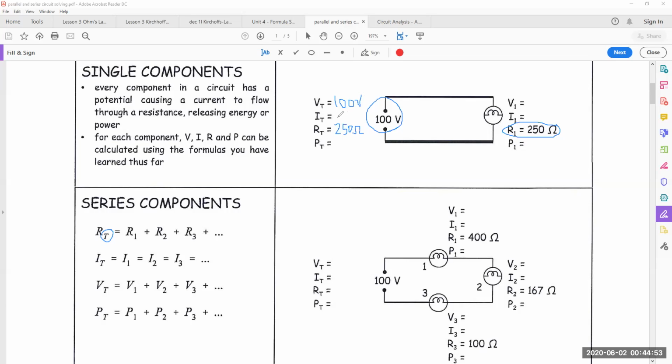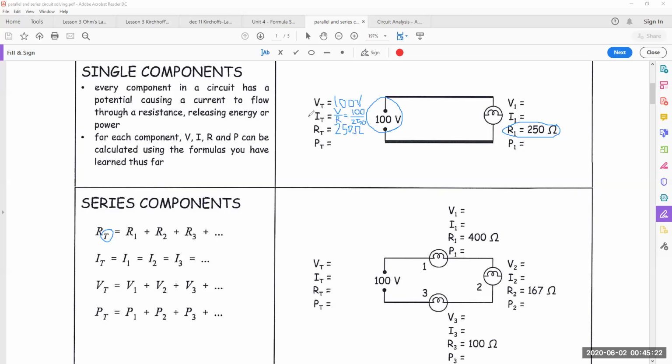So here, therefore, my current is going to be equal to V divided by R. That's why we had to learn Ohm's law. So 100 divided by 250.